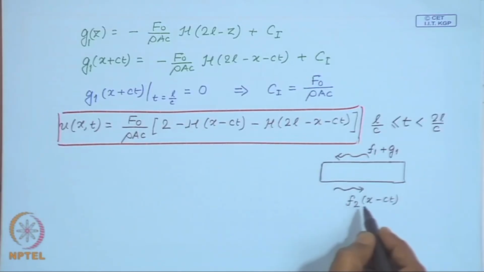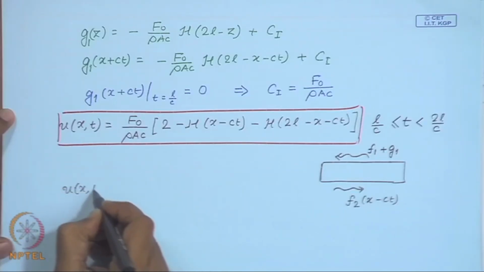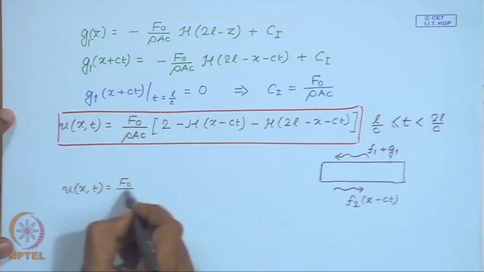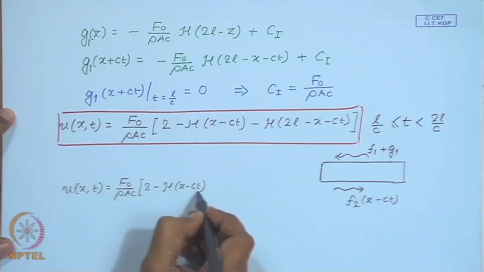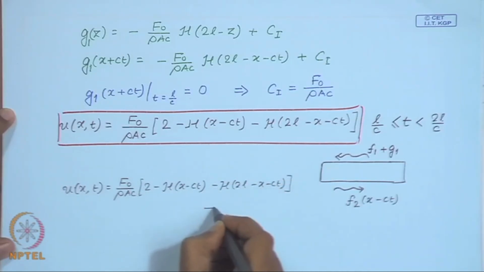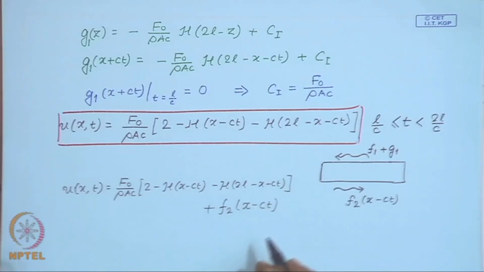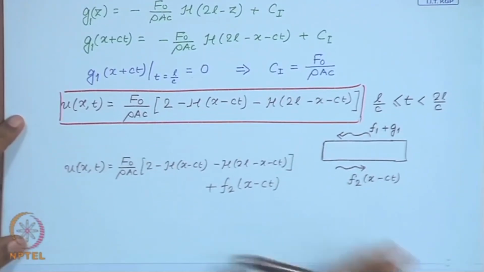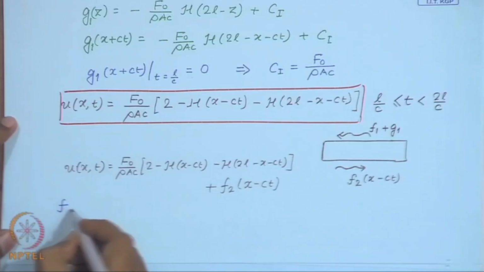So, once again you consider this solution plus f2 of x minus ct, and when you do these calculations, what you obtain following the steps that we have done above.